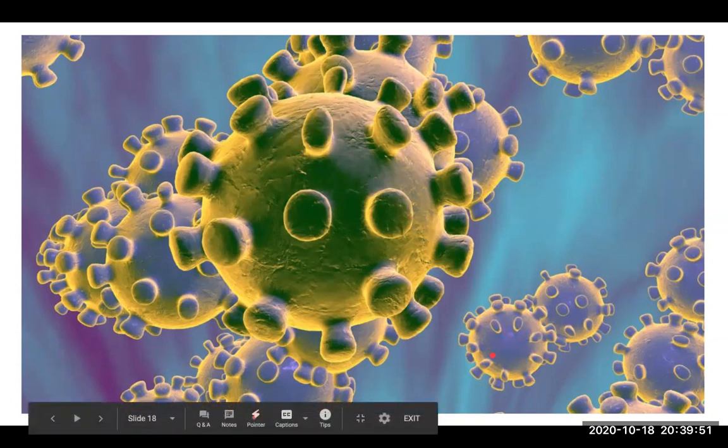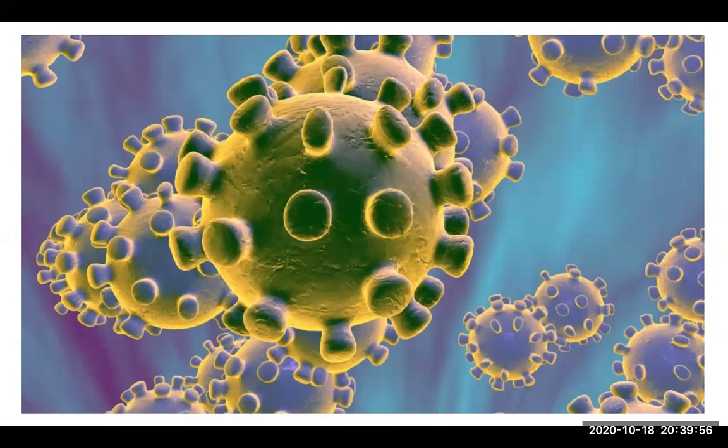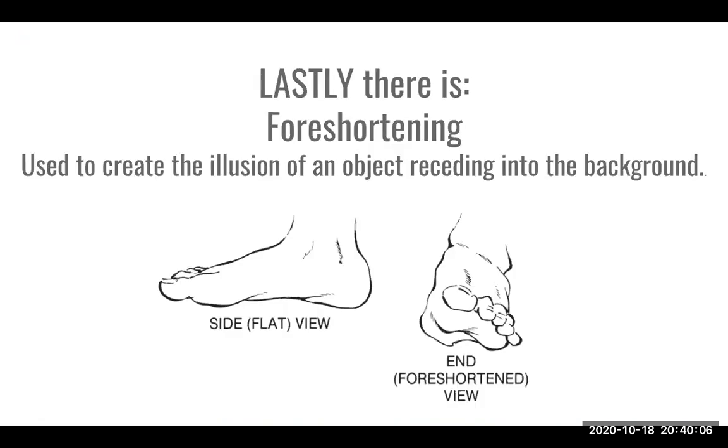And also the color has become quite subdued. So this is an example of how to use the atmosphere of an image to create depth, as opposed to using parallel lines and linear perspective.